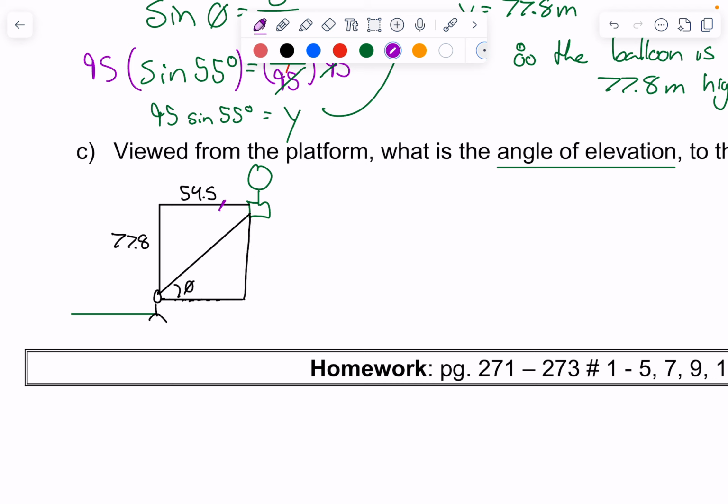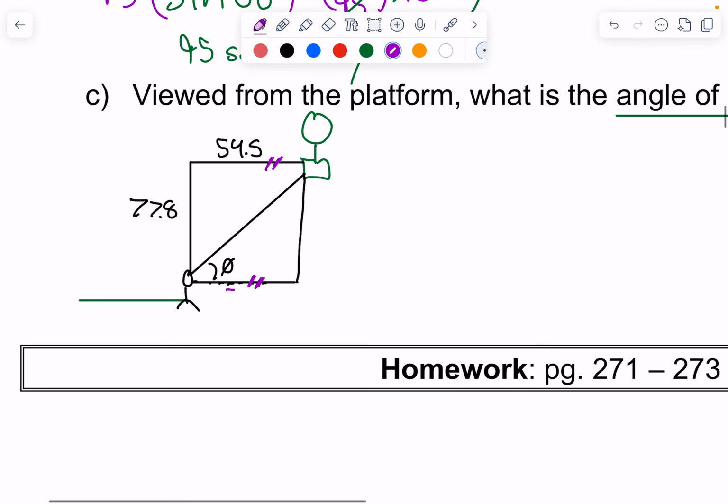These distances have to be the same with each other. So we also know that this right here is 54.5 meters, and this right here is 77.8 meters.